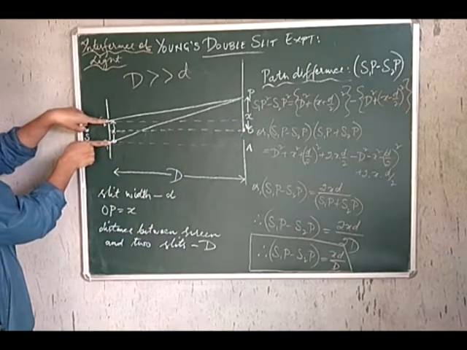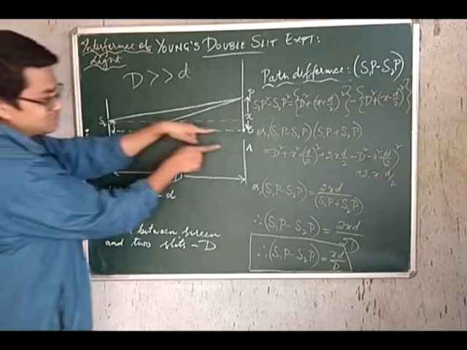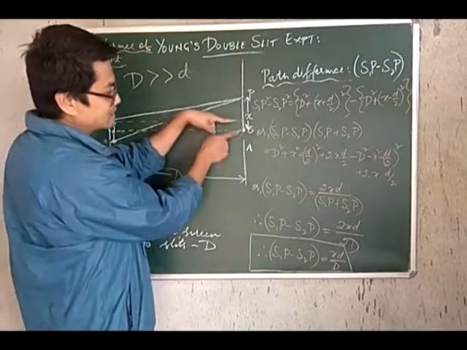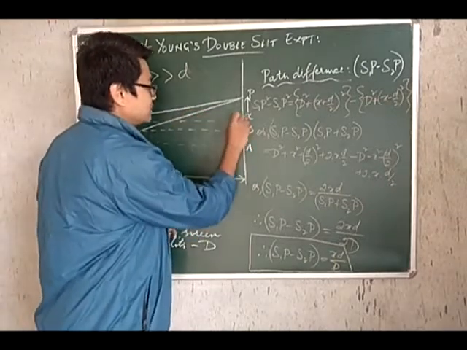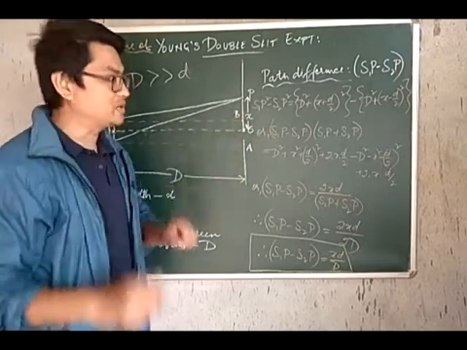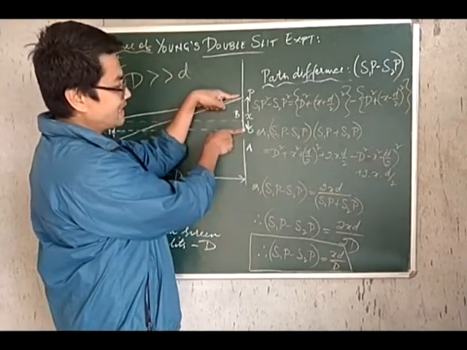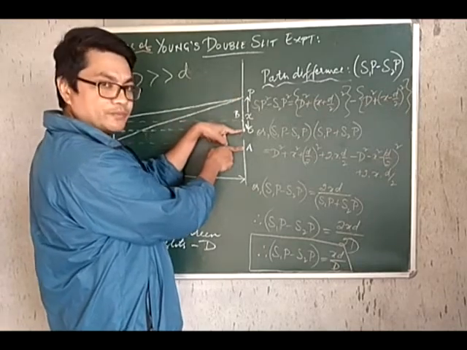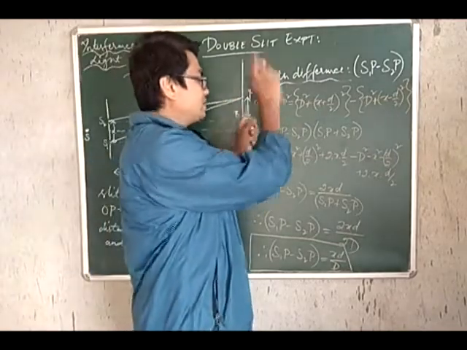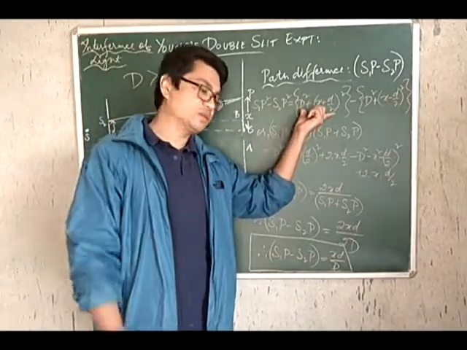The slit width is d, so OA is d by 2. Likewise, this distance, let me call this point B. OB will also be d by 2. So therefore, what is PA? PA is x plus d by 2. Therefore S1P squared is D squared plus x plus d by 2 all squared, using Pythagoras theorem.